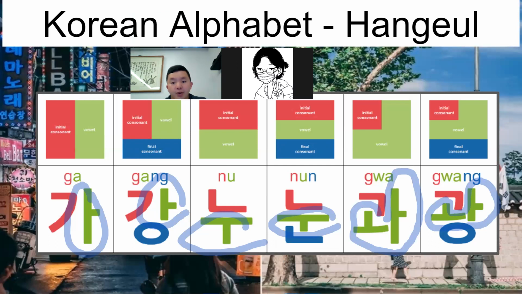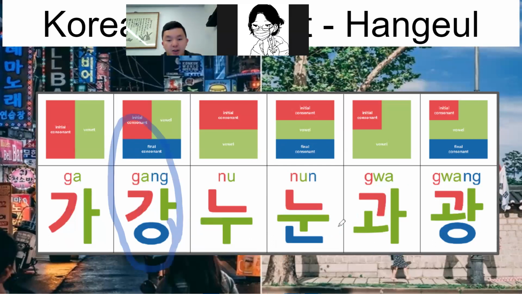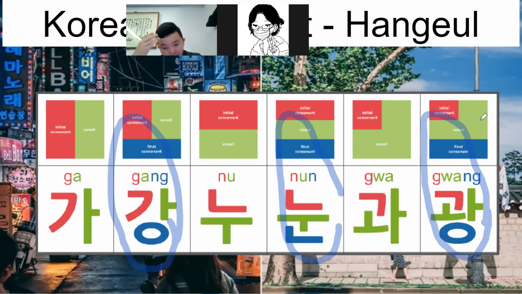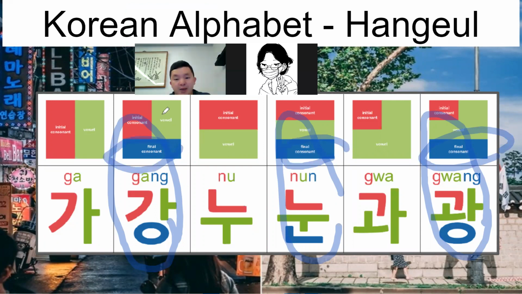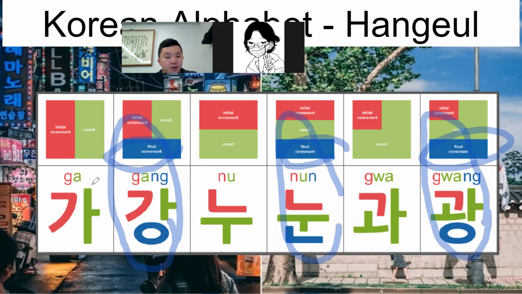And also another way to separate from this chart: the second, fourth, and sixth ones have a final consonant or second consonant, the blue color I'm saying. But the first, third, and fifth ones don't have a final consonant.